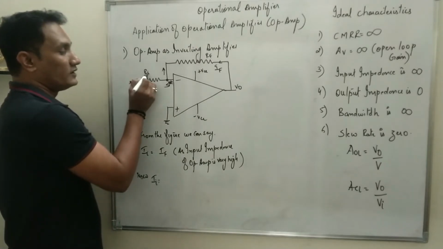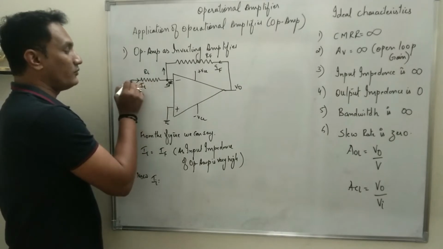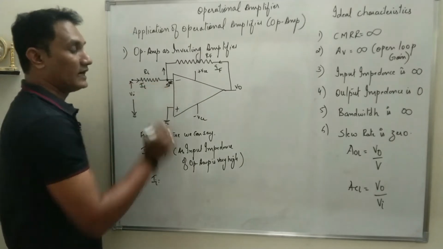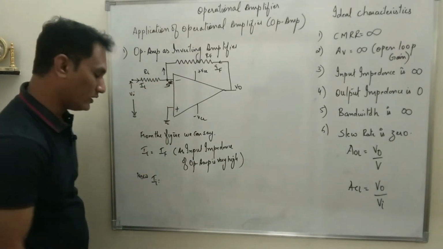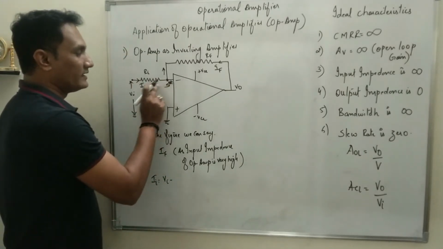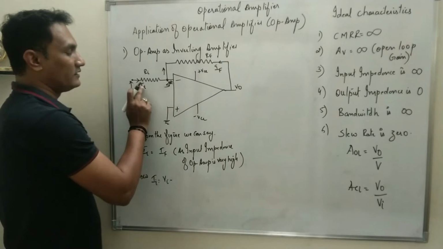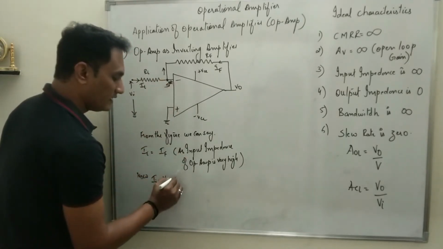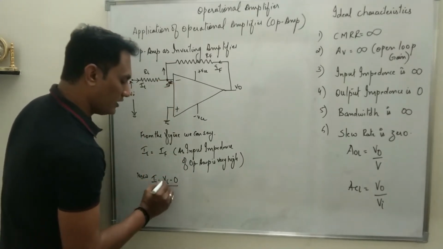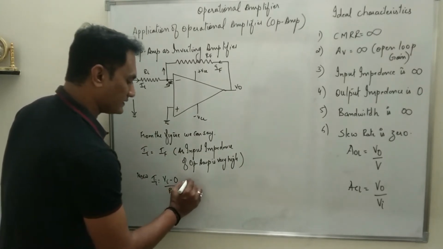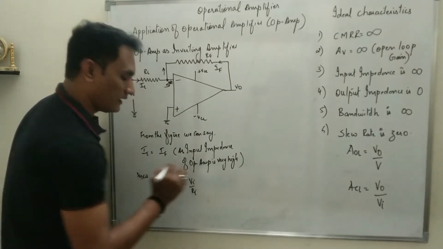II is the current flowing through input resistance Ri, and this Ri is connected between the point where the input voltage is Vi and the summing point, which is at virtual ground. Current is potential difference divided by resistance. So VI minus the potential at this point, which is 0 as the summing point is at virtual ground, upon Ri, or I can say it is VI upon Ri.